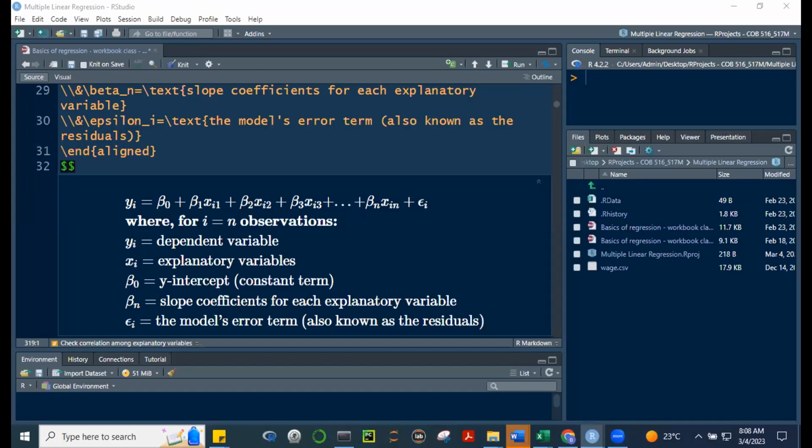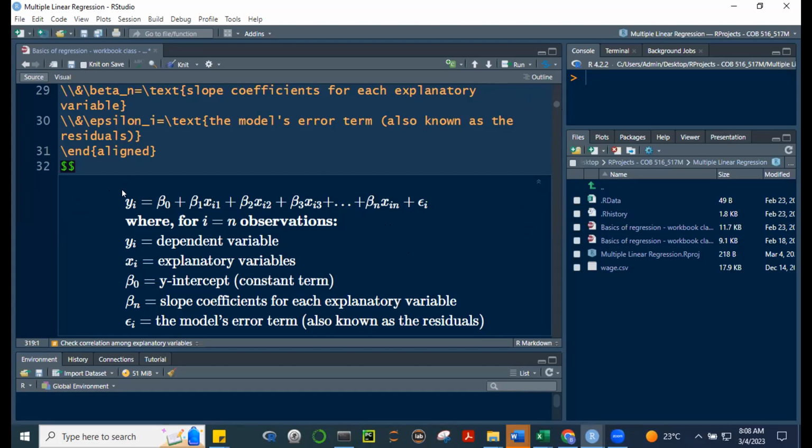Good morning, everyone. So today we're going to continue our discussion on multiple linear regression. Quick review, a multiple linear regression is represented by this equation where y is your dependent variable and your x's are your explanatory variables or your independent variables.